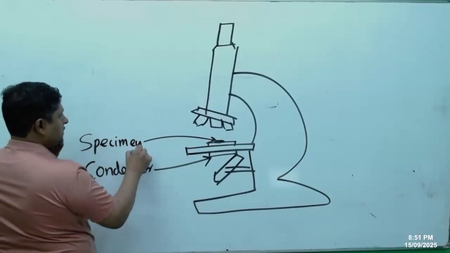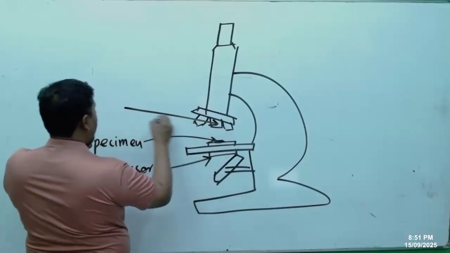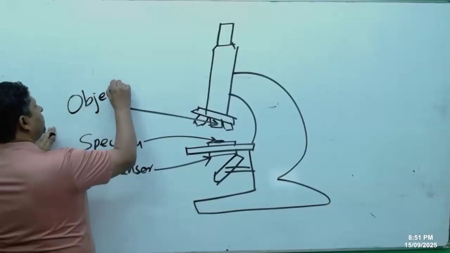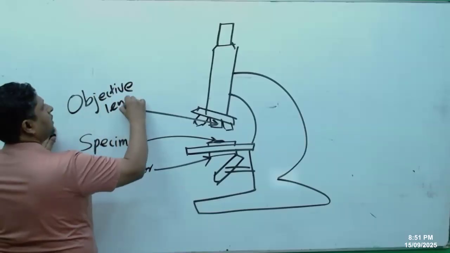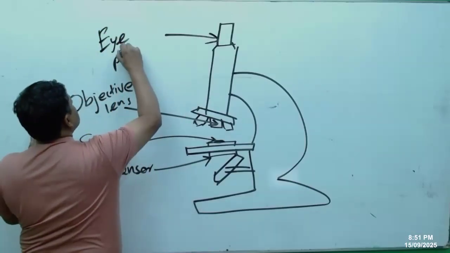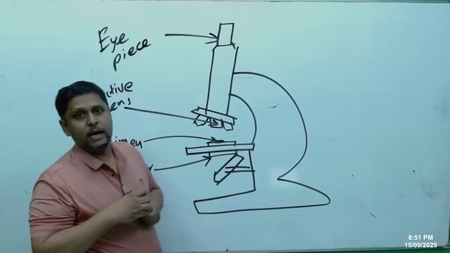Here you have the specimen, here the objective lens, and then the eyepiece.